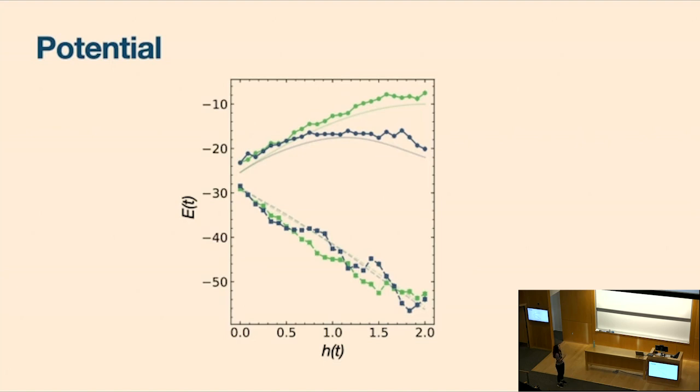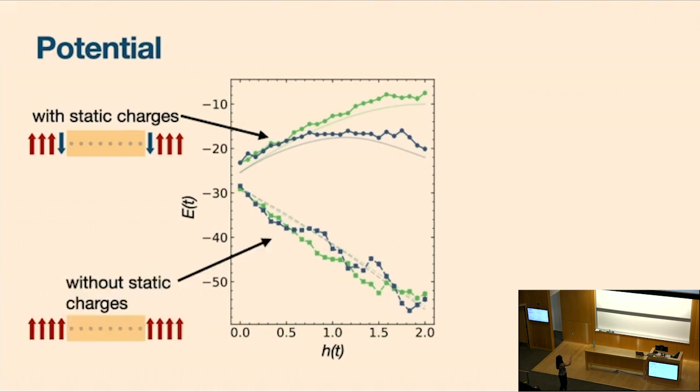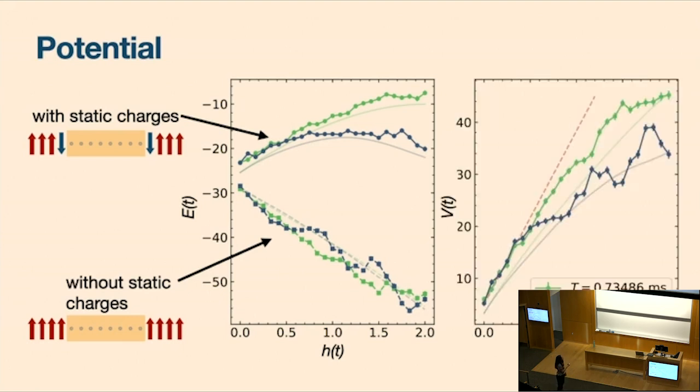Okay, so the other thing we did was to try and observe the saturation in the potential as a function of time. So we measured the energy essentially across the same ramp. And this is the energy in the presence of the static charges. Well, this is the energy without the static charges. So the way to compute the potential is you take the difference. And what is plotted here is the difference between the two.